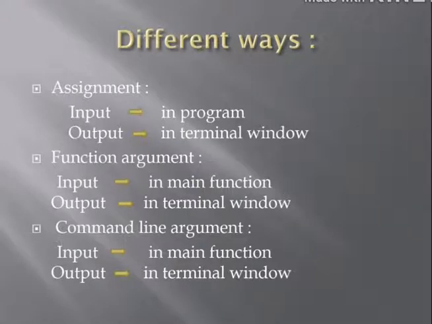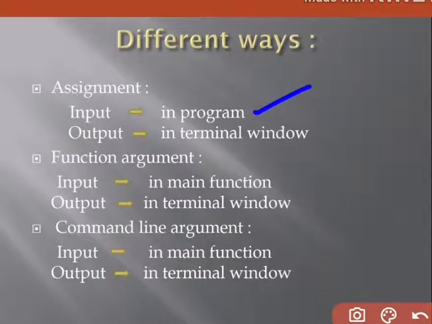And then moving further, a small review of what we have already done. For assignment, input is in the program, output is in the terminal window. Then in function argument, input is in the main function, that is function argument, and output in the terminal window.